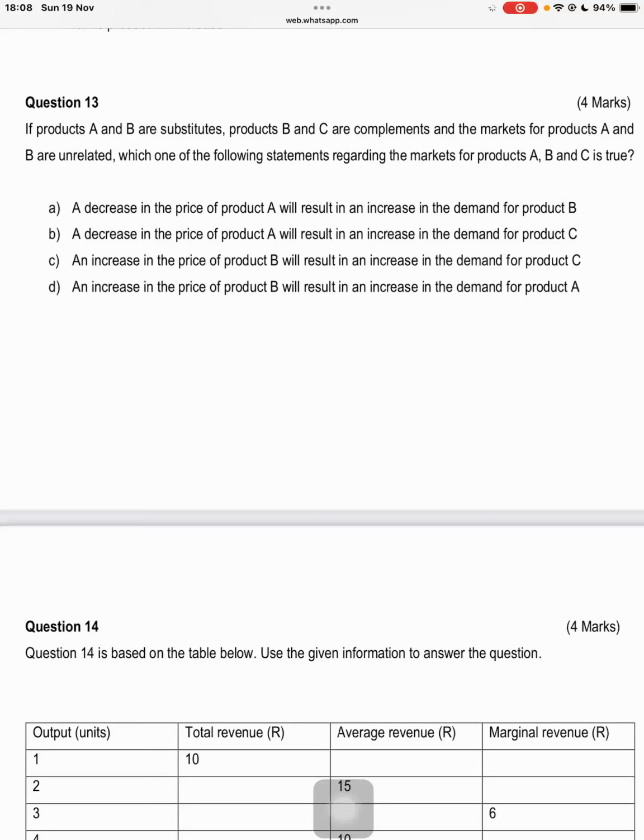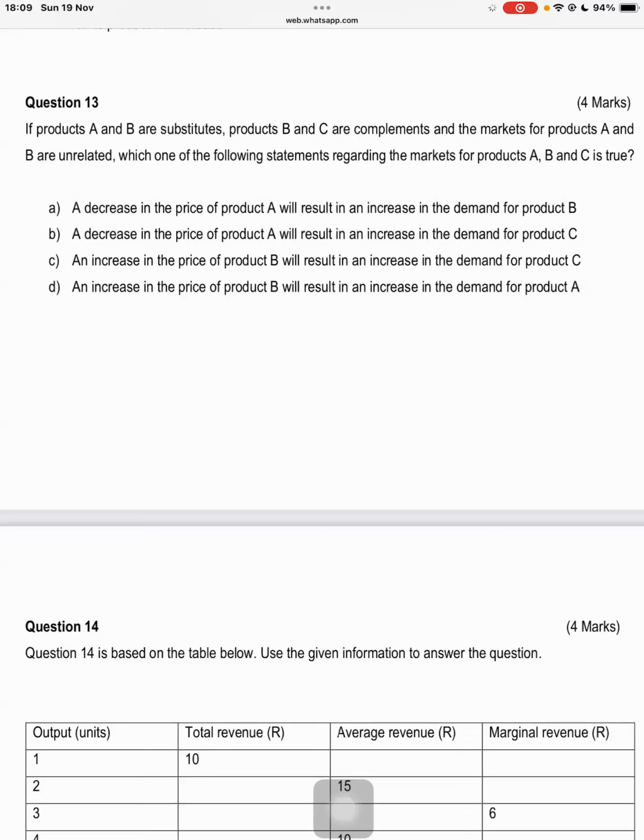But between A and C, it's difficult for us to establish a relationship, because it will be an assumption that we are making, that since A and B are substitutes, maybe they might use product A to complement product C, but since they're in unrelated markets, it might not entirely be true.